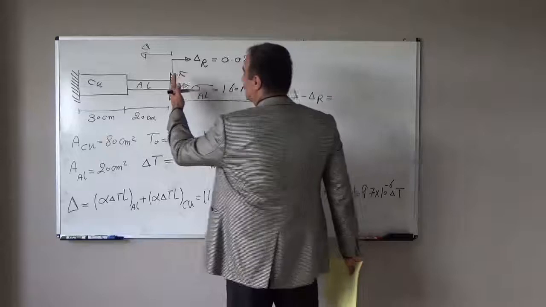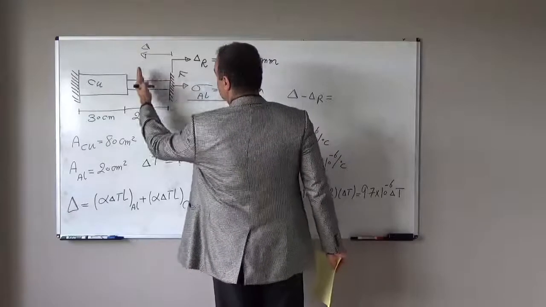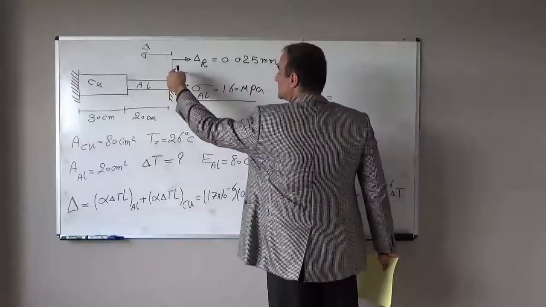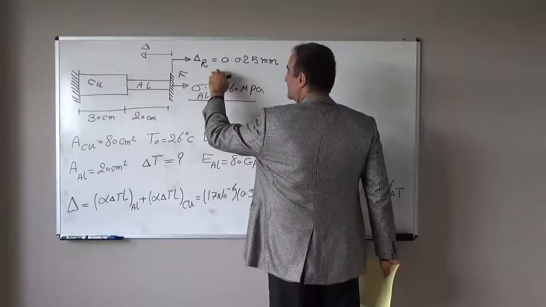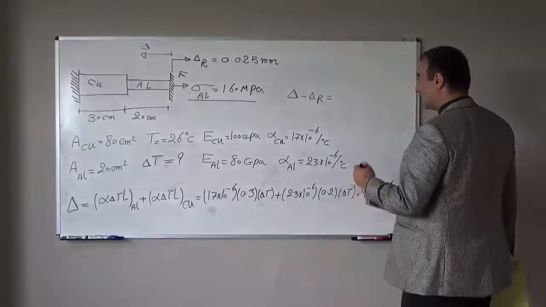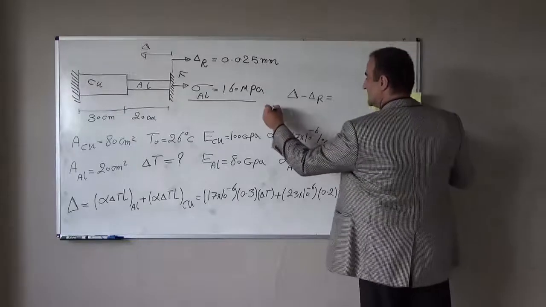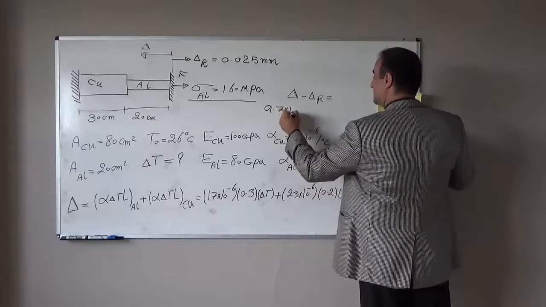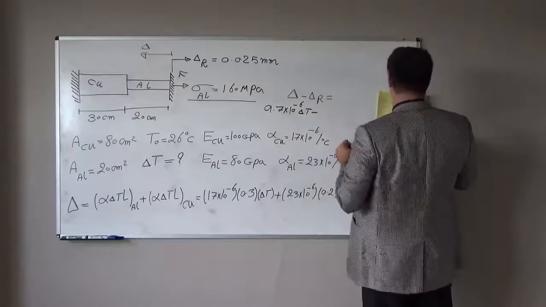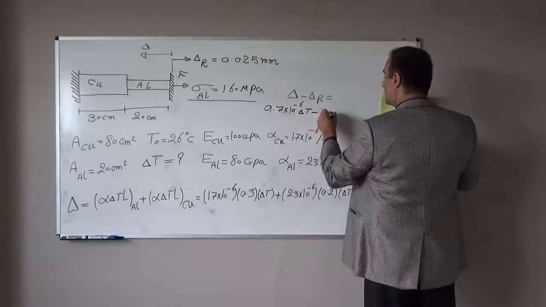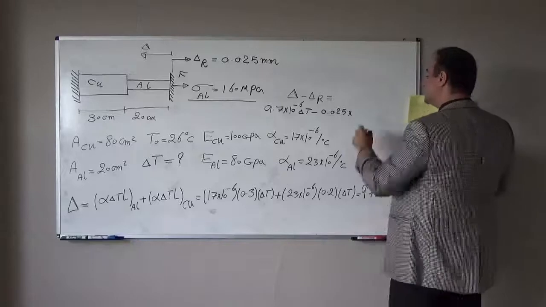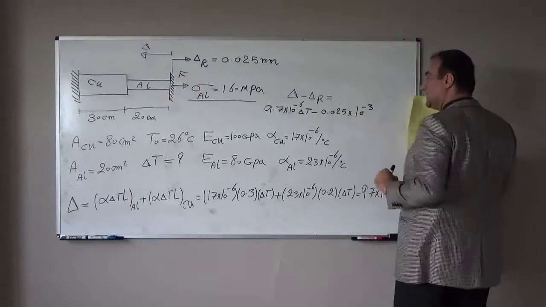So delta minus delta R, which is 9.7 times 10 to the power of minus 6 delta T minus delta R, is given as 0.025 times, if I convert to the meter, 10 to the negative 3.